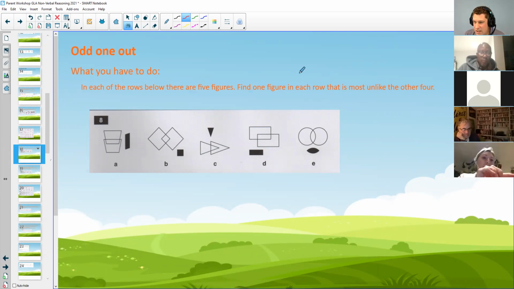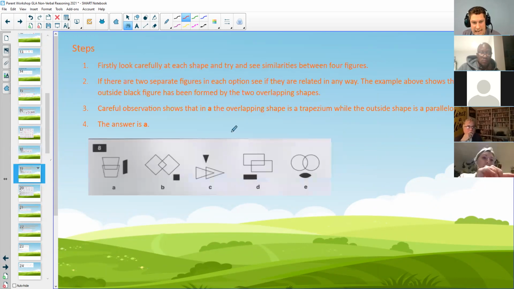We do look at it slightly in reverse because we tend to tell children to actually group shapes together rather than identifying the one that is different. So the principle behind this one is to look at all the shapes. If we go through a series of stages here, see if you can find any similarities.